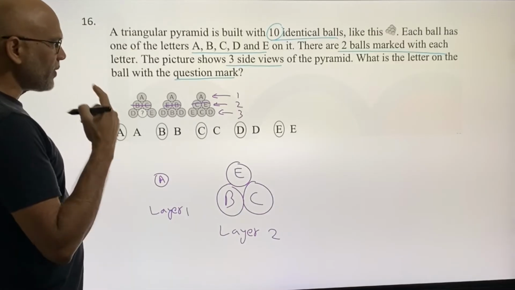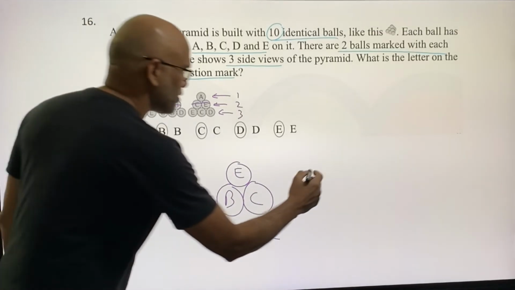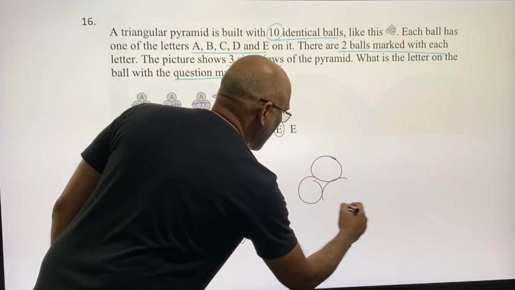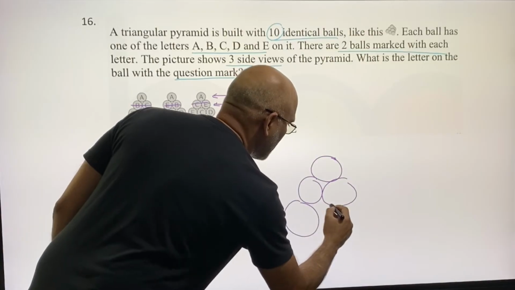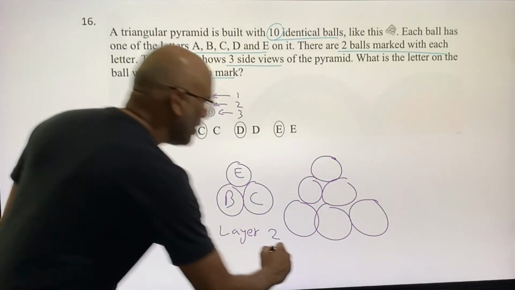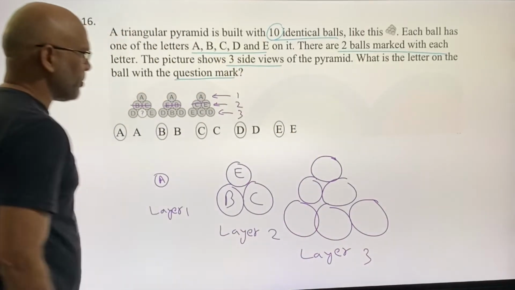Now layer 3, we have 6 balls, right? So this is layer 3, or the bottom layer.